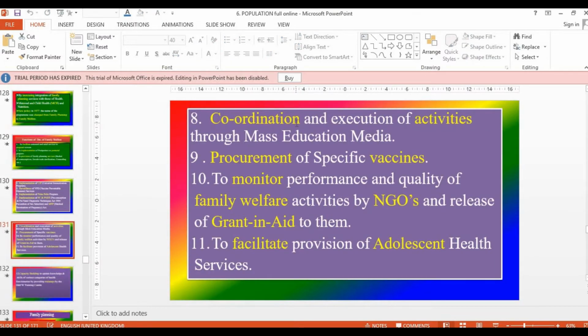Eighth one, coordination of activities, mass education, mainly media education.